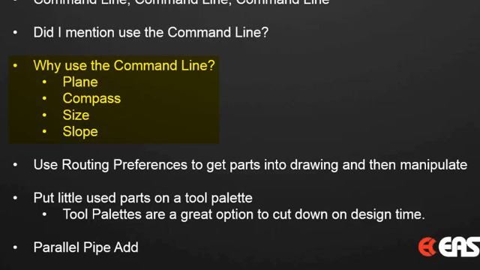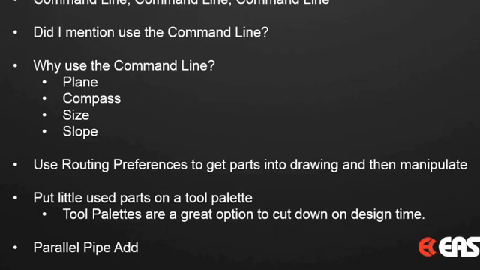Using the slope command, you'll find that you can do a lot of your elevation changes right at the command line without even going to the 3D view. It allows you to do offsets, whether it's a 45-degree offset, a 30-degree offset, whatever. That's what it allows you to do without clicking into your 3D viewport.